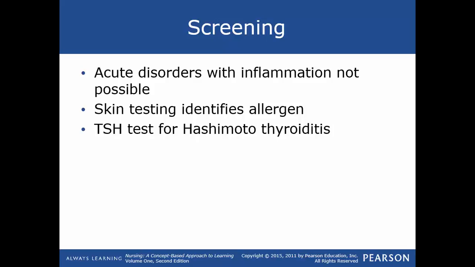Your TSH, thyroid stimulating hormone, is a test that can be used for Hashimoto's thyroiditis, which is an autoimmune disorder that triggers thyroid problems. The goals are going to be early identification and treatment of inflammatory diseases, and this will help to reduce mortality and promote effective management of the disorder.